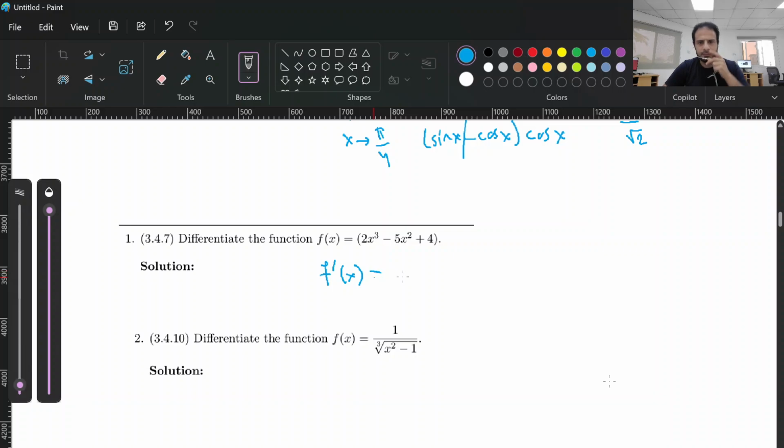First we multiply 2 times 3, which is 6. Then subtract 1 from the exponent, so 6x squared, minus 10x. The derivative of 4 is 0, so no need to write plus 0. Thank you.